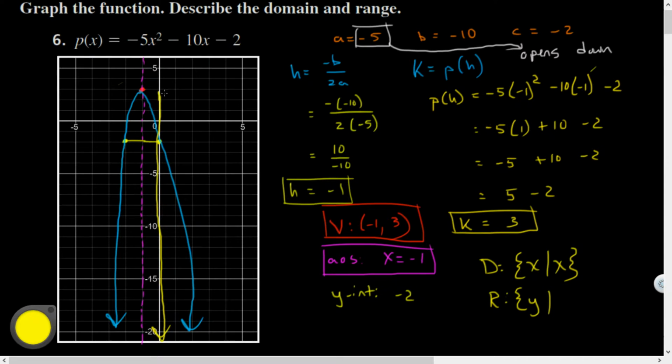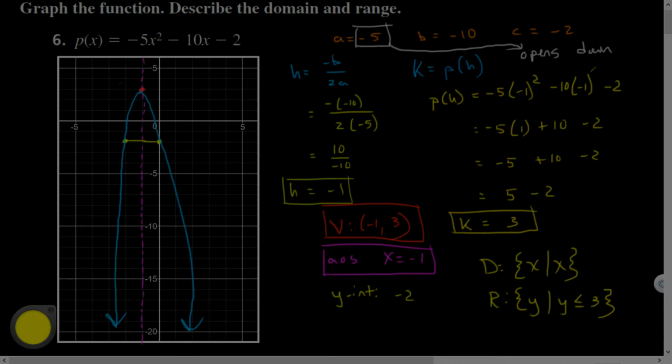And the highest point is what number? Yeah, 3 is the highest point that it gets to. So the range is everything less than or equal to 3. So the set of all y such that y is less than or equal to 3 would be the range there. All right, so that's all stuff that you can find out from this graph. That's just a quick little review from yesterday's.